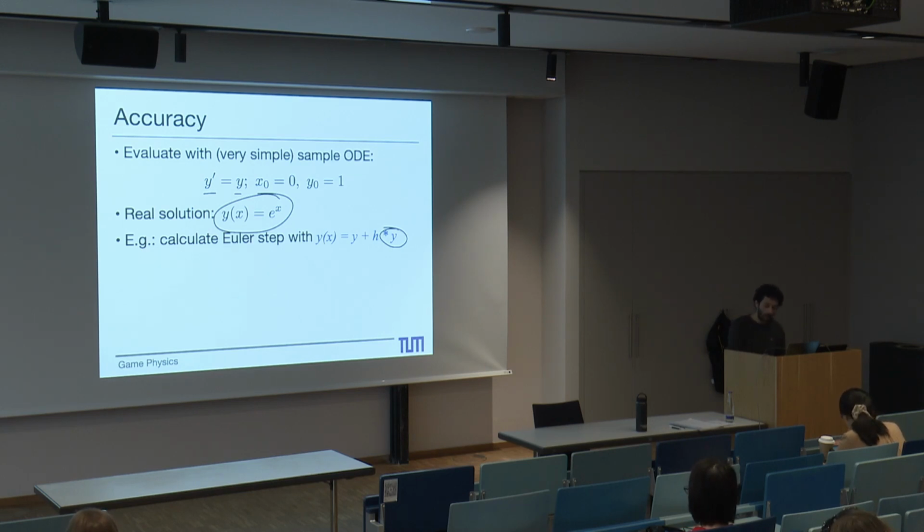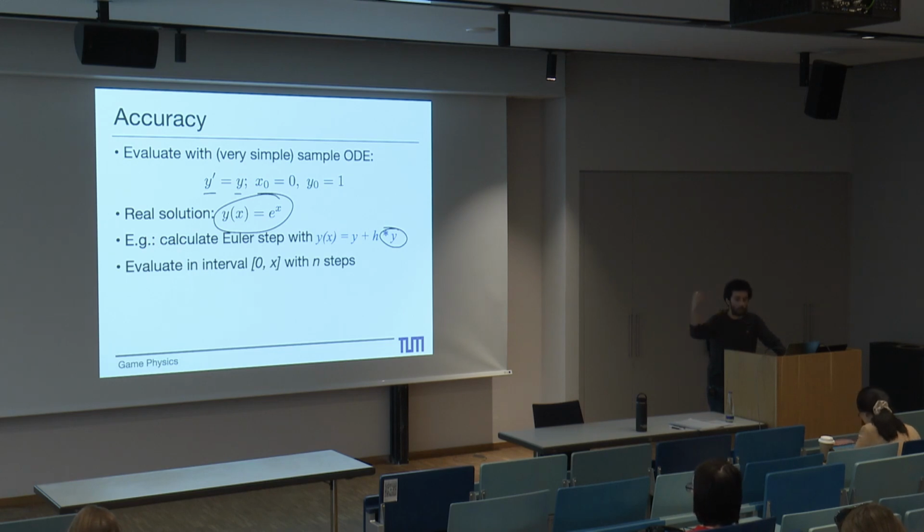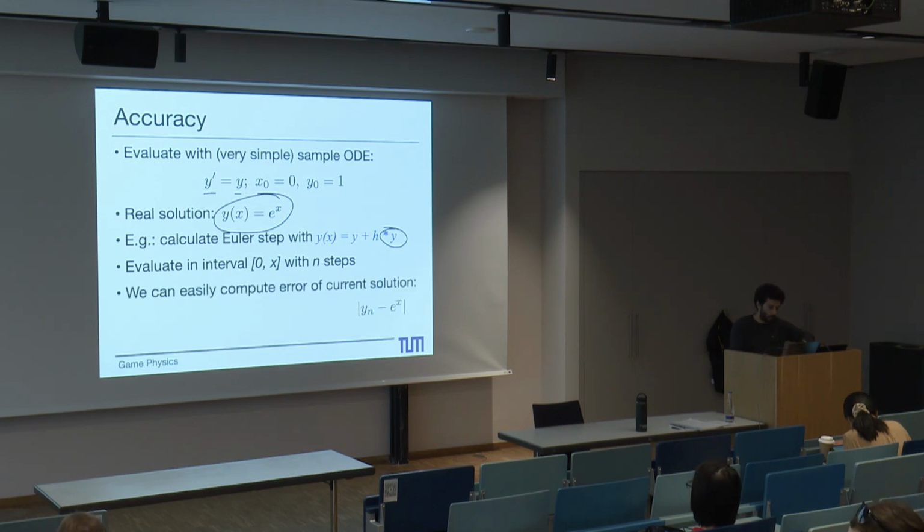And so the way we're gonna go about this is that we're gonna consider a certain interval that will go from 0 to a certain x, and we want to do this by using a specific number of steps. In this case, we compute the exact error based on the current solution using these approximations.